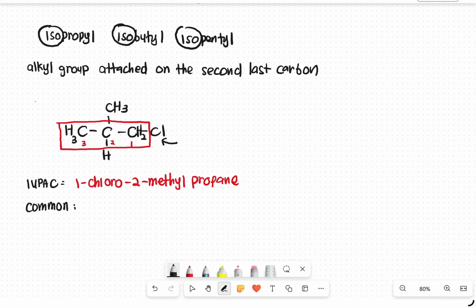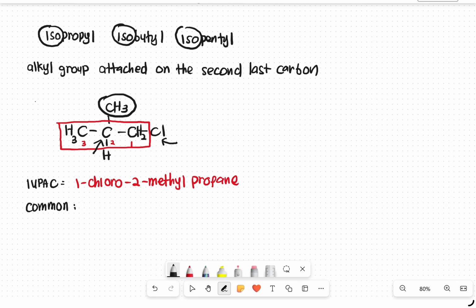So these are 3 carbon, and the second last carbon, there are 3 carbon, right? Second last carbon here, you have a methyl group attached. So it means that this is iso. Remember, there is an alkyl group attached on the second last carbon.